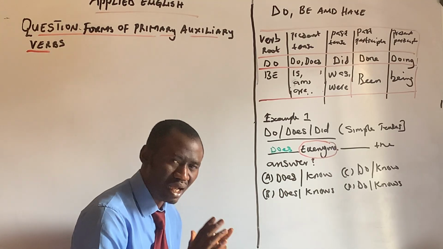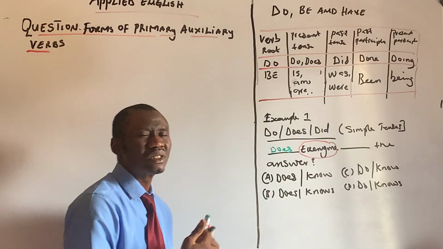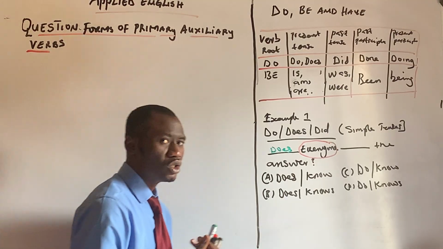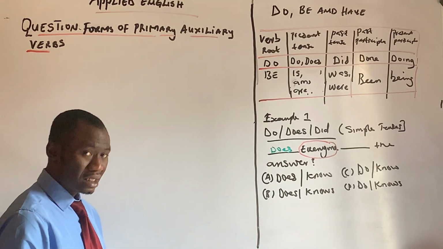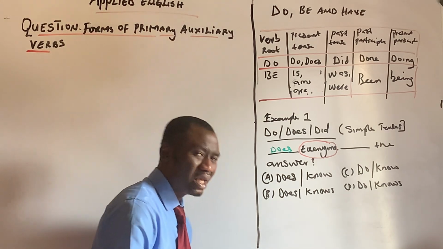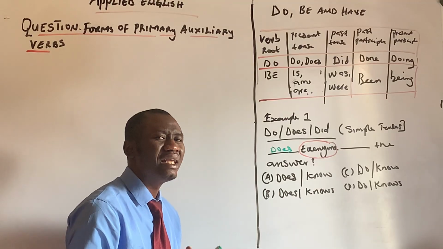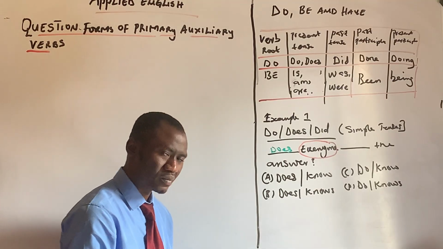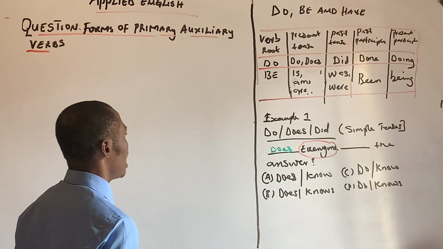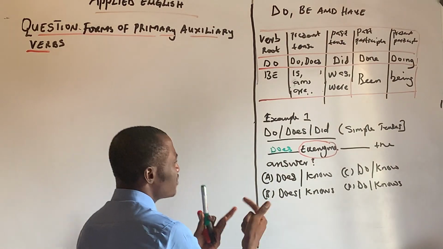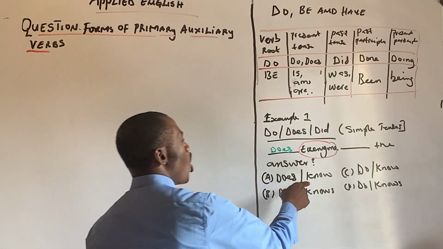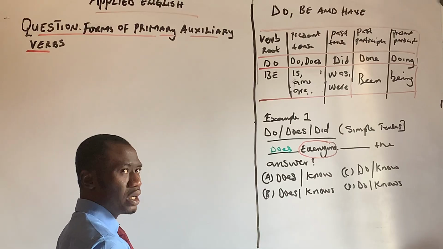I repeat that again. When you use a primary auxiliary verb do, does, did to form a question, the main verb in that sentence should remain in its base form. Now, the base form of the word knows is know.